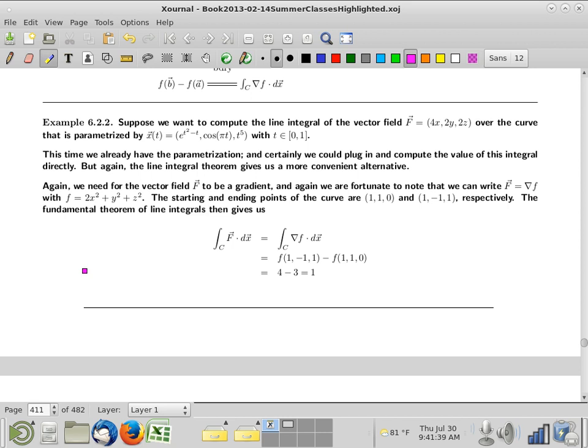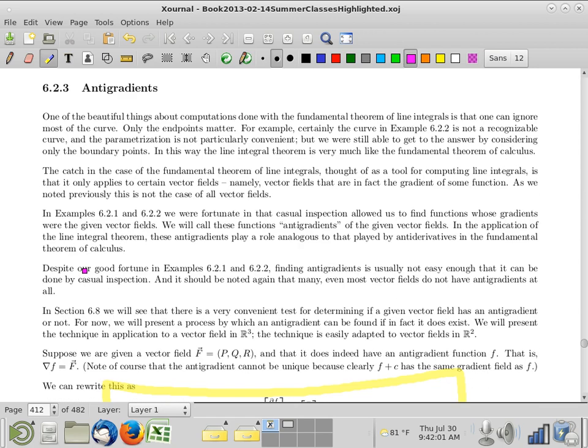This is not a problem in single variable calculus, really. If you have a continuous function, it has an antiderivative. It might be hard to write down. I might not personally be algebraically proficient enough to find it, but there is an antiderivative. With anti-gradients, sometimes no. Sometimes there just isn't one.